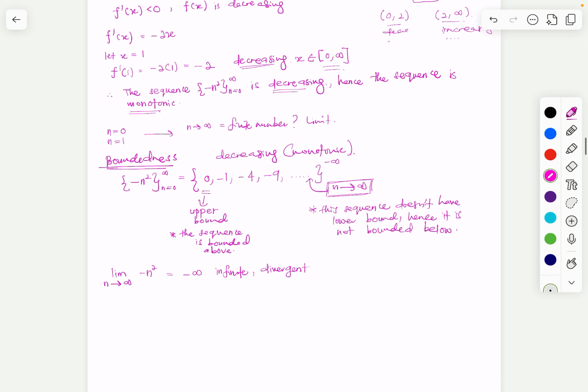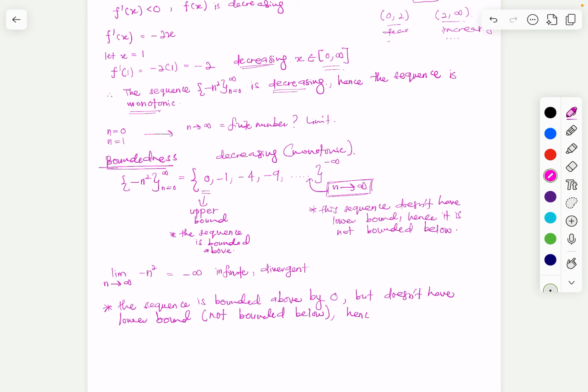So you might want to conclude the sequence is bounded above by 0 but doesn't have a lower bound, which is, it is not bounded below, hence the sequence is not bounded.